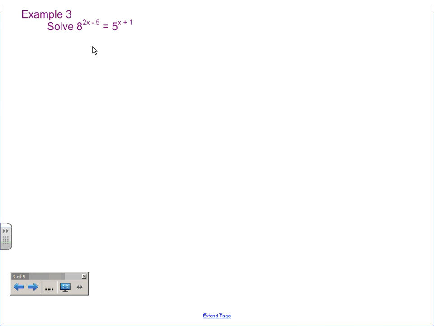We'd like to get it out of the exponent. One way to do that is to get the bases the same. It's possible, but highly unlikely. 8 and 5? I don't think so. So we have to get the exponent down some other way, and there is only one way, using a logarithm. And let's stick with the common log.